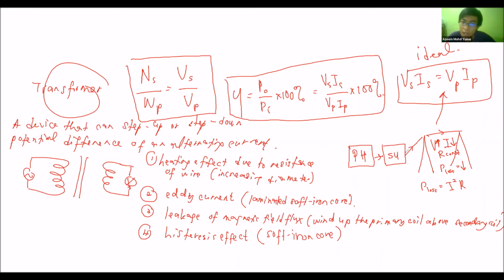In order to use the step up transformer, it must be alternating current. So it must be an AC generator producing AC. Thus, we can use the step up transformer. And then at the destination, we have to use a step down transformer to adjust according to the needs of the users.